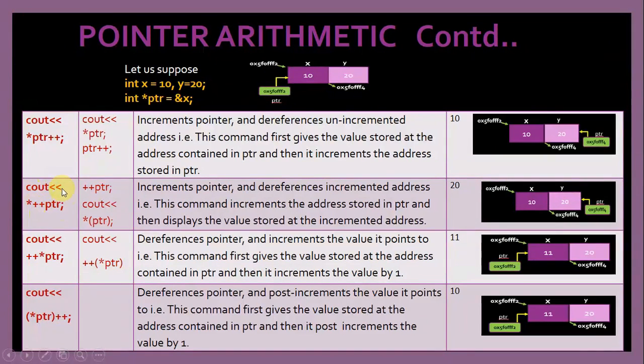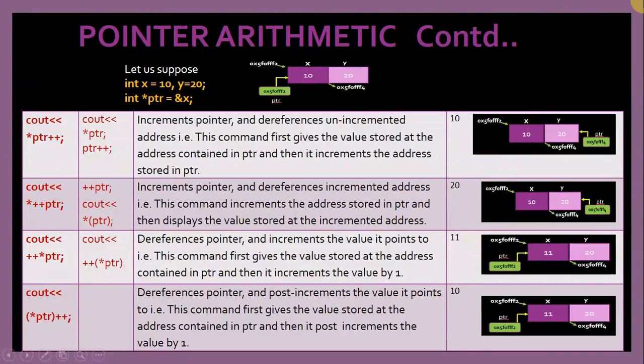If I give this command, 2 bytes will be added to ptr and ptr will start pointing to y. And then the value which is stored at this address is displayed and this value you can see is 20. So 20 will be displayed. For every example I am taking this as my initial layout. In this case, first my address is being incremented, ptr contains the next address and then the value stored at this address will be displayed. So 20 is being displayed.